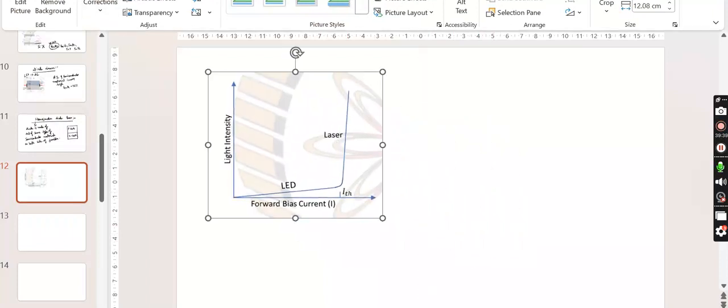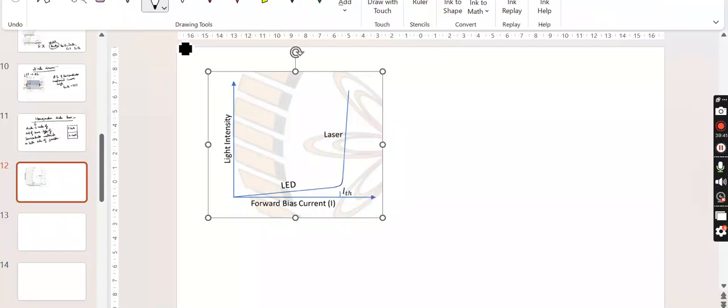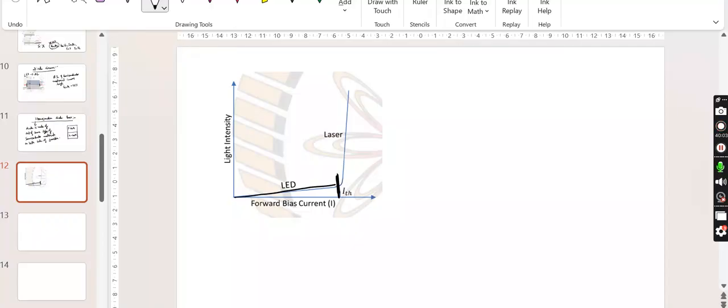So the current will increase to a certain point, and then it will reach a critical value. And then after that, there will be a dramatic rise. And LED works in this position when it doesn't cross the threshold value. And after it crosses the threshold value, it is now working in the laser domain.